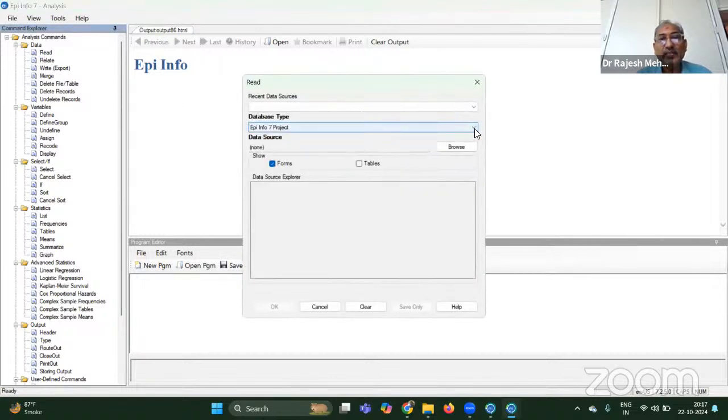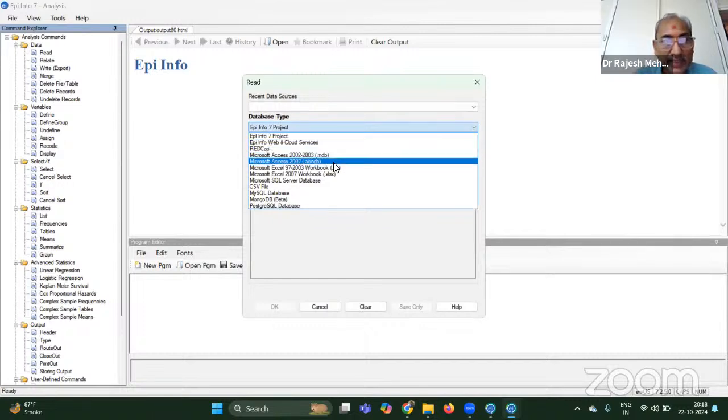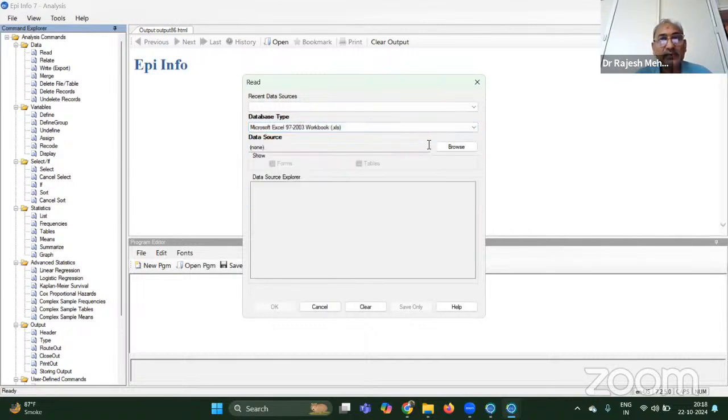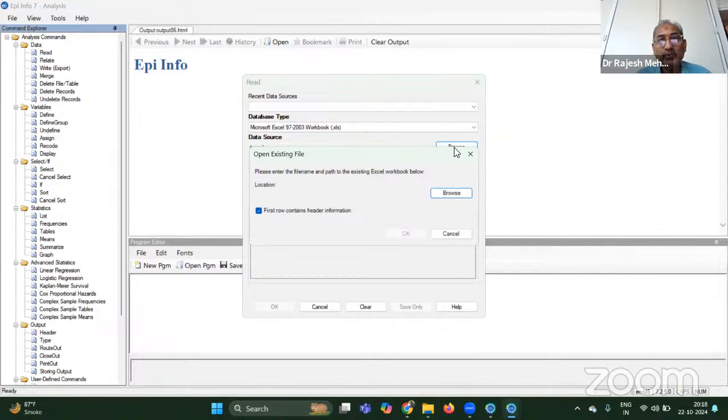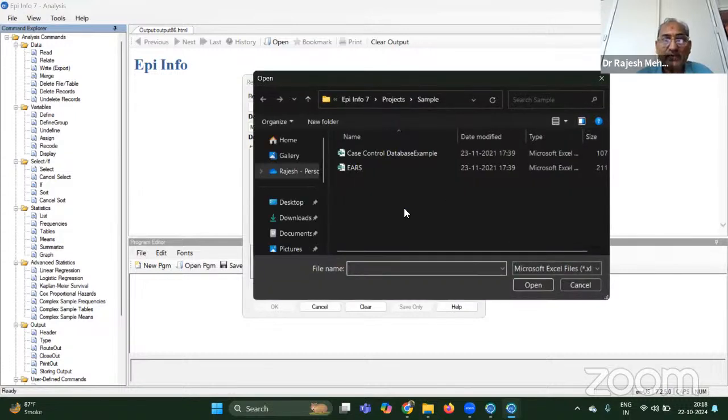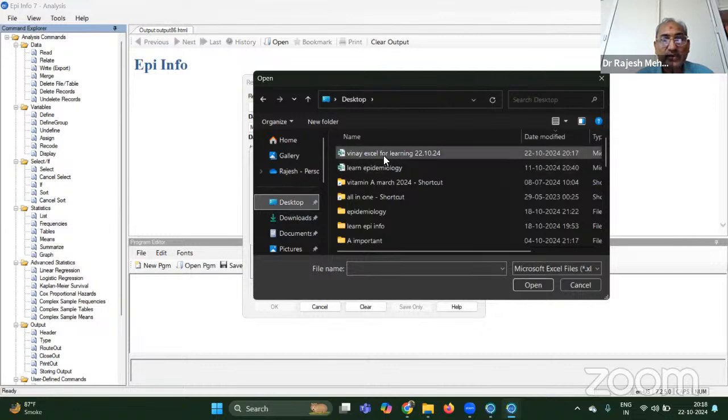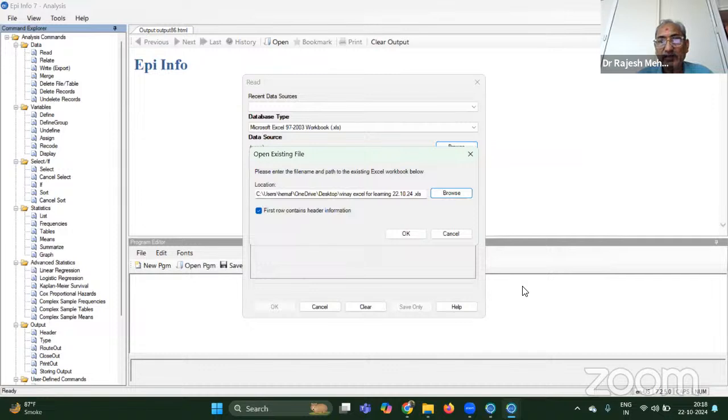You select here, instead of AP Info project, XLS file and now browse. Again go for browse. And our file is on the desktop. This is the file.